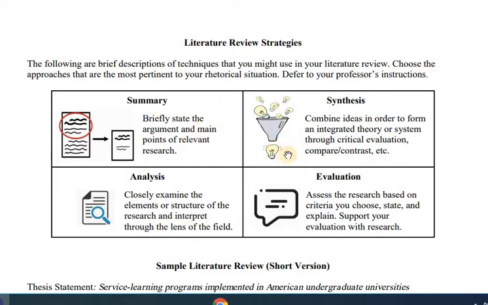But the next level is to synthesize. What is meant by that is that you need to start combining ideas in order to form an integrated theory or system through critical evaluation. You should try to show the relationship between authors' findings, whether it's the same, it's different, or adding to one another.